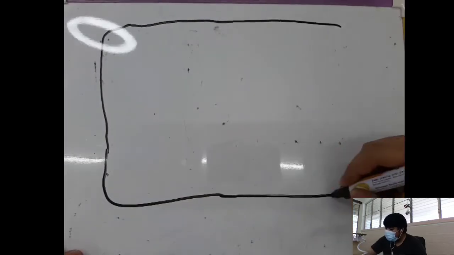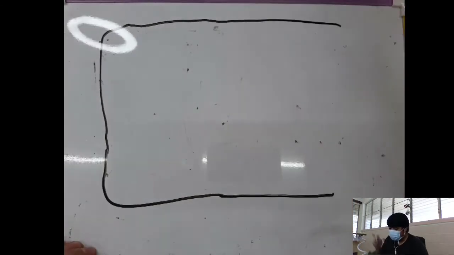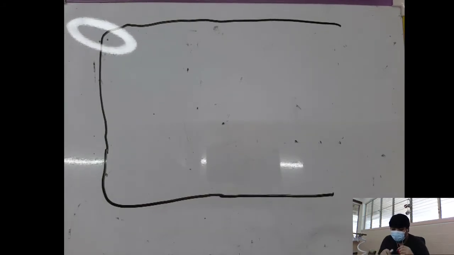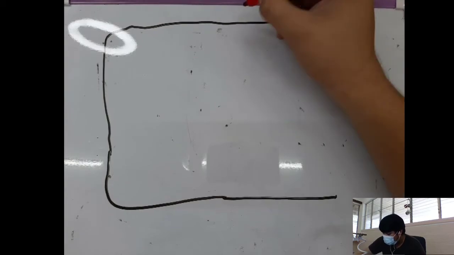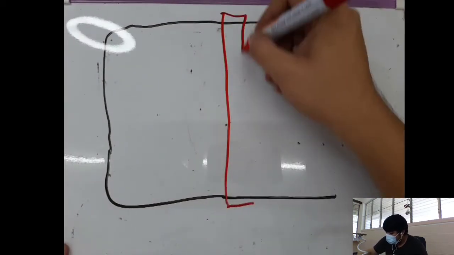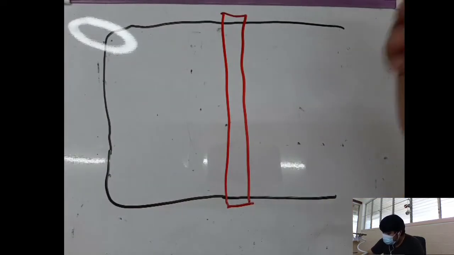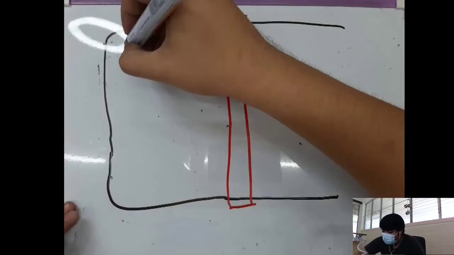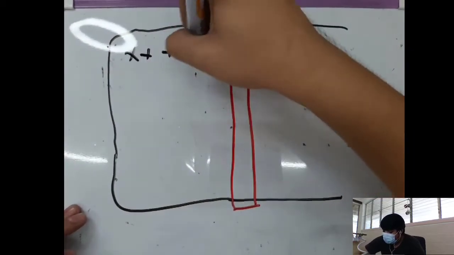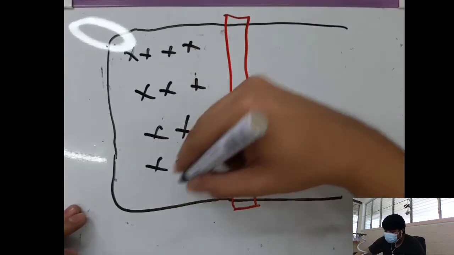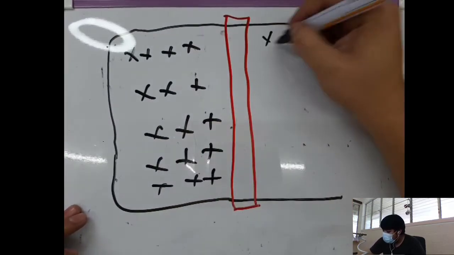So we have a conducting rail here, and I don't want to use my blue whiteboard marker because it's a pain to remove in this whiteboard. We have our conductor here, right? And there is also a magnetic field here, XX, denoting that it is going into the plane of the paper.